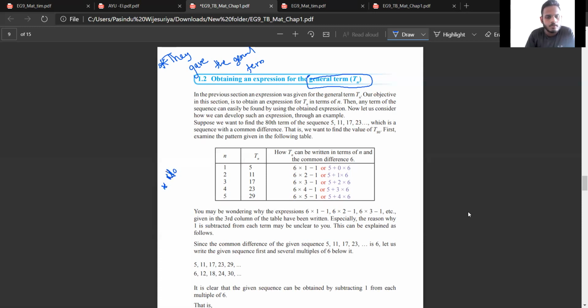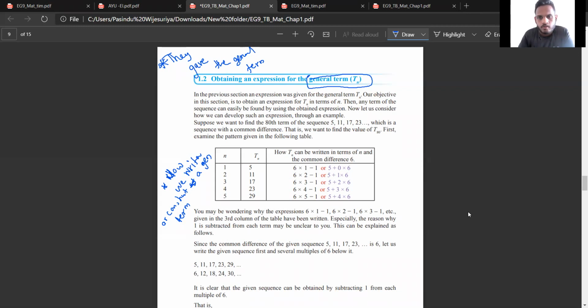Now we write or construct a general term. So this is how you find the sequence.